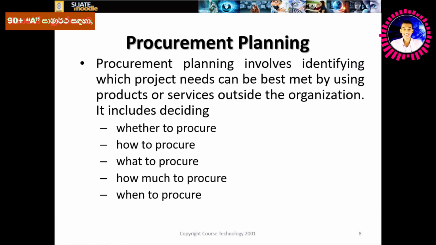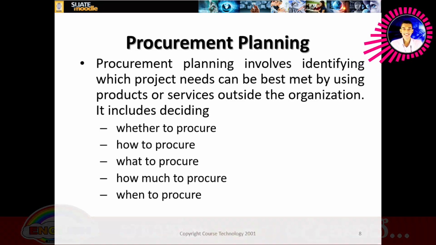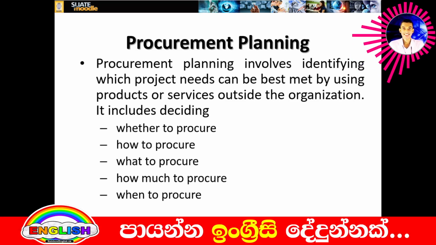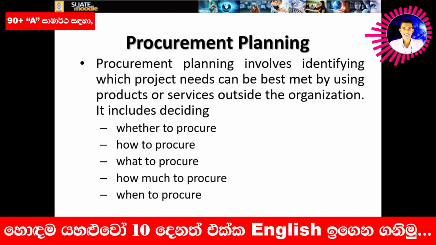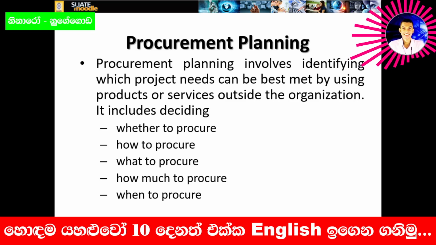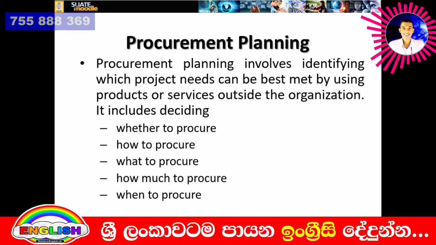It includes deciding, in the example I explained to you about the creation of a website, what part should be outsourced in the project. What sections should be outsourced. If we have the ability to do part of it with our inside staff, there is no need to outsource.